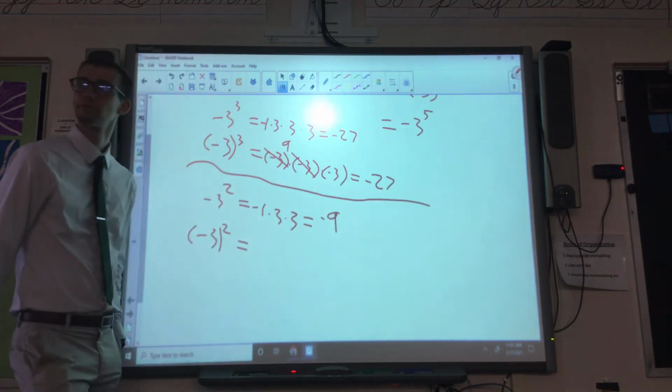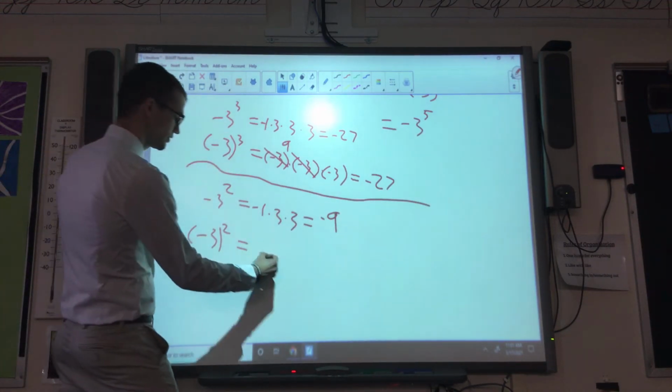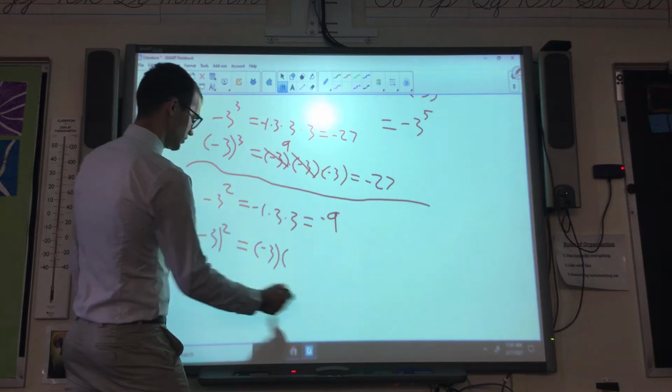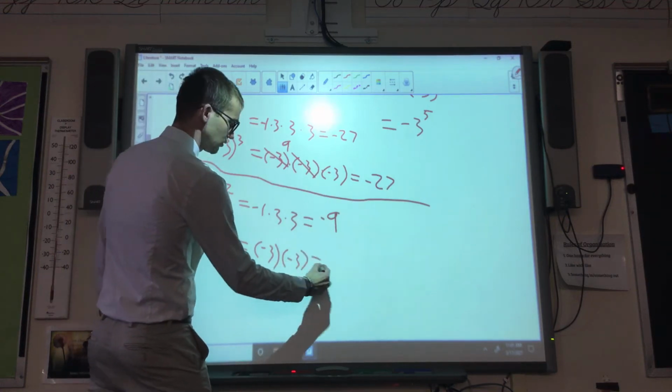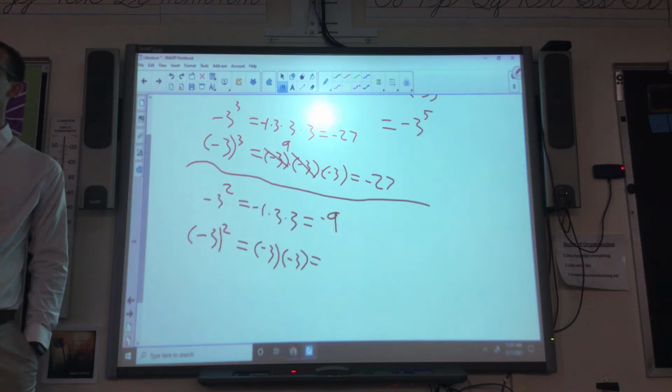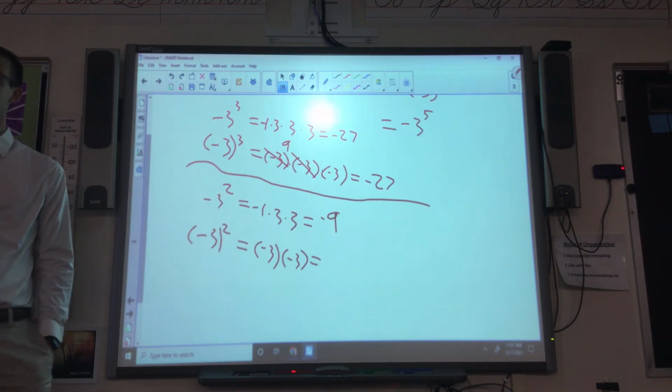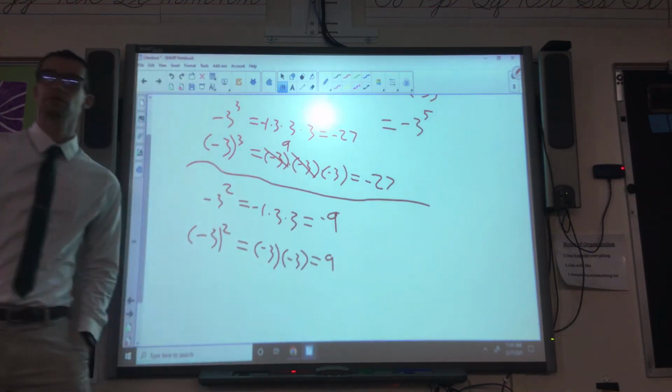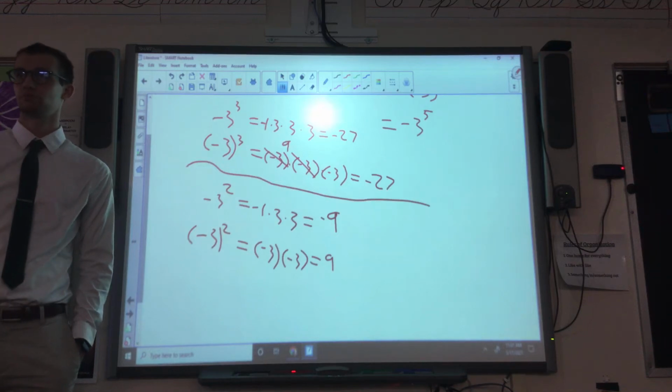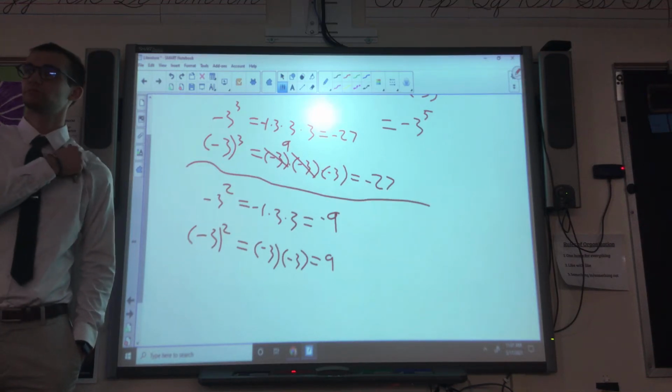The second is negative 3 times negative 3, which is positive 9. Are they the same thing? Nope. Ladies, are we paying attention? Okay.